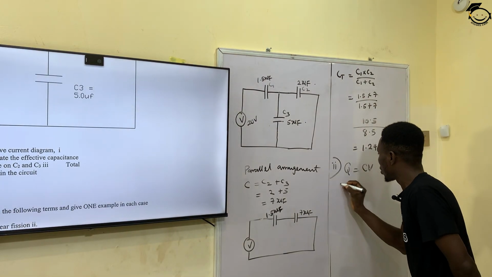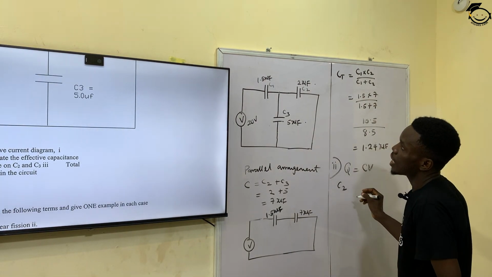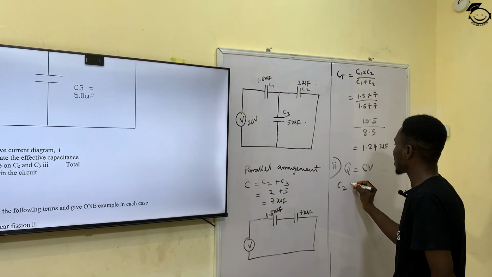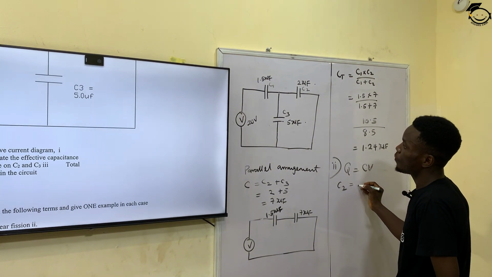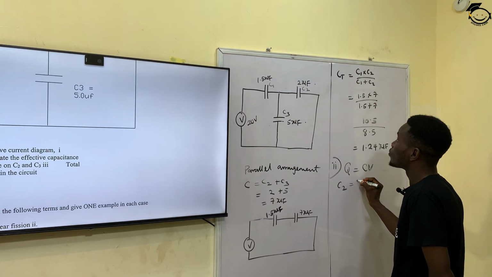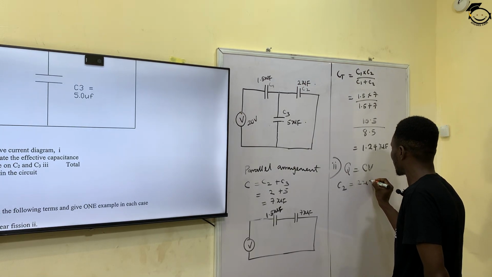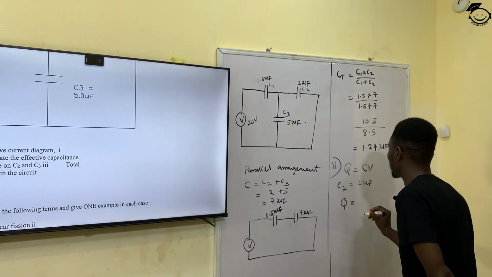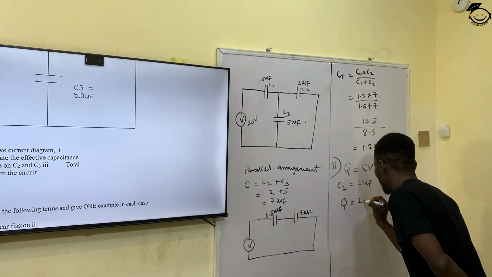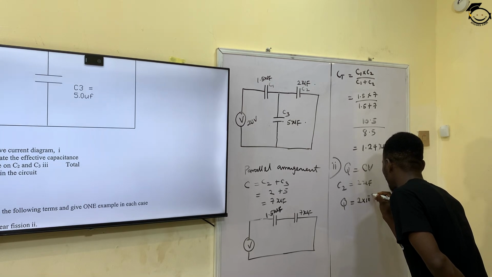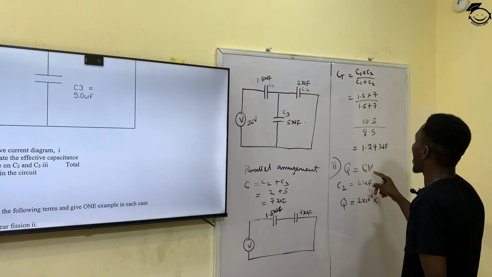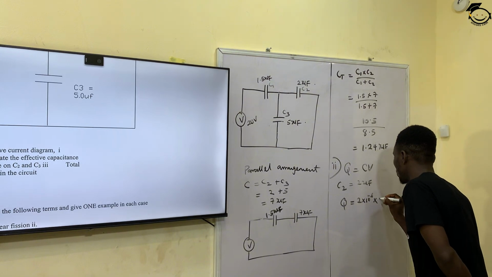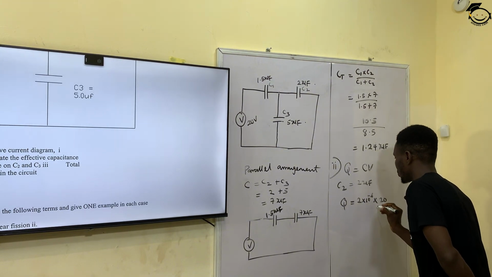So for C2, as in this question, my C2 has a capacitance of 2 microfarad. So the quantity of charge passing through it is 2 times 10 raised to power minus 6 times my voltage, which in this question is 20.